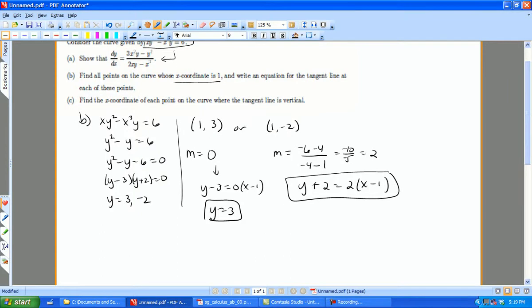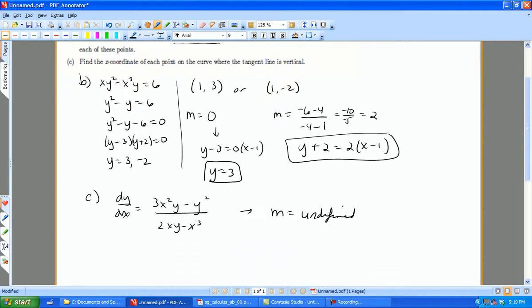Part C: find the x-coordinate of each point on the curve where the tangent line is vertical. So again, this is my slope expression: dy/dx equals 3x squared y minus y squared over 2xy minus x cubed. If I want the tangent line to be vertical, it means I want the slope to be undefined, because that's the slope of a vertical line. This expression will be undefined if the denominator, 2xy minus x cubed, is equal to 0.